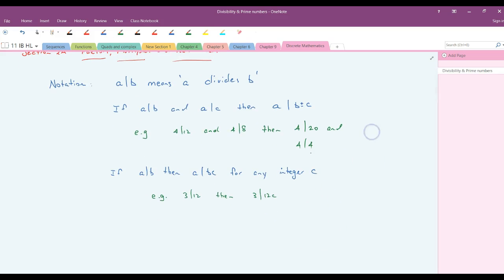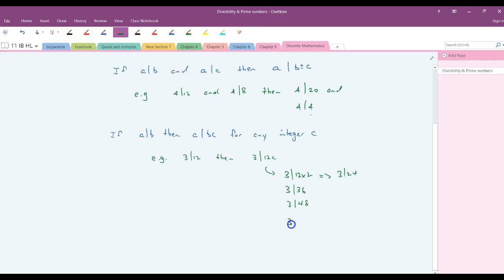So therefore 3 will divide 12 times 2, so 3 divides 24, 3 divides 12 times 3, 3 divides 12 times 4, you get the idea. 3 will also go the other way and divide 12 times minus 1, 3 will divide 12 times minus 2, etc.